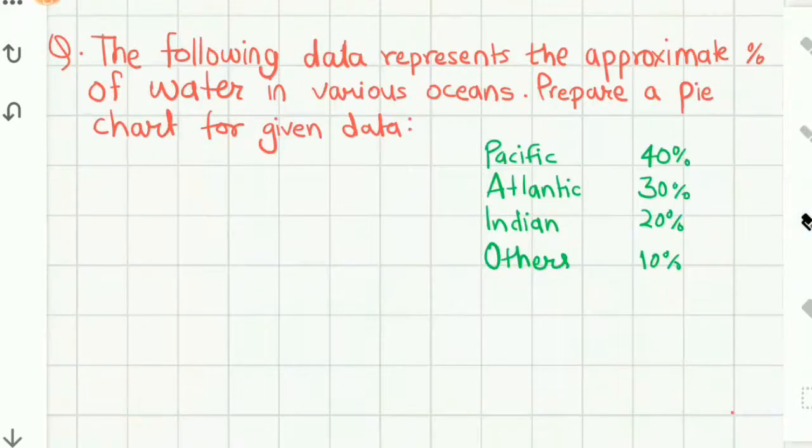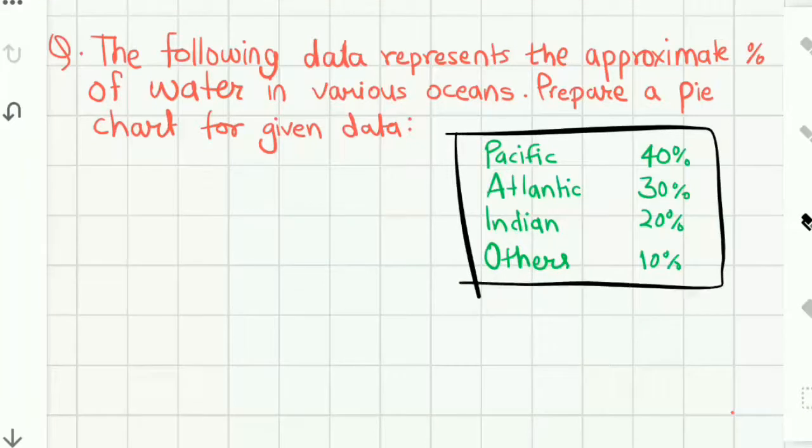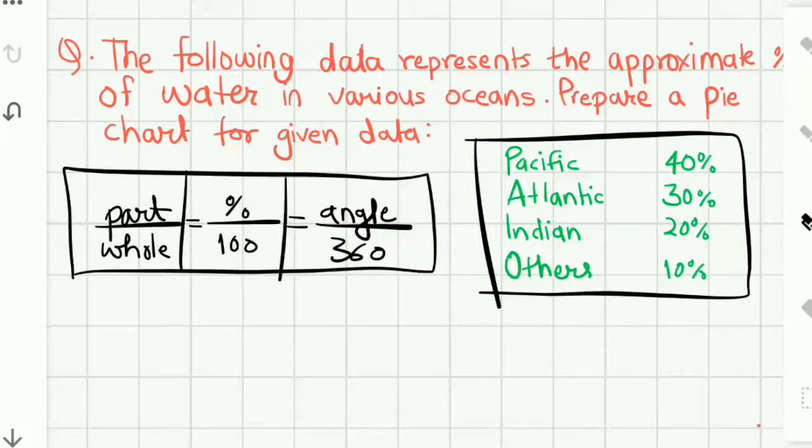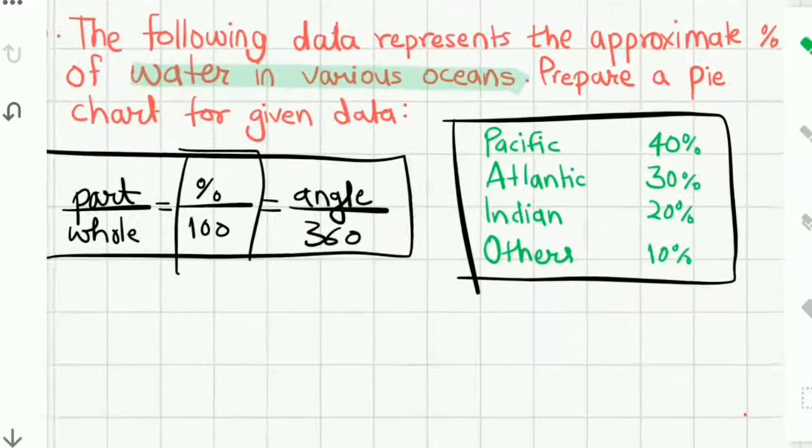Now this is a very interesting question. We are given this data here in percent form, and what we have to do is prepare a pie chart. So we know the formula. I told you in the last lecture that these fractions are equal to each other. So what are we given? We are given the percent of the data, that is water in various oceans, right?